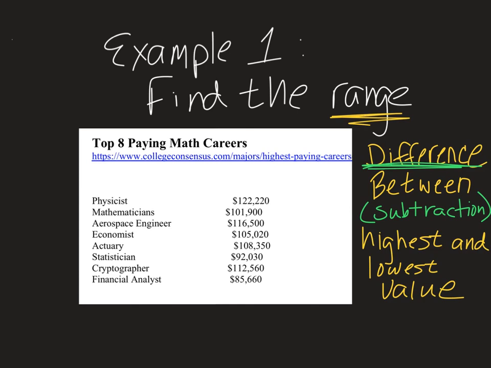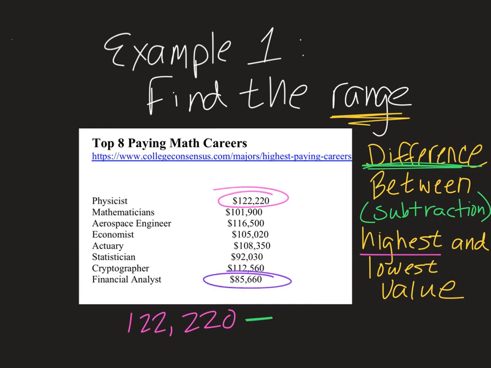So our highest in this case would be, what is it? 122,220. And then we're going to subtract the lowest value. And in this case, the lowest value is going to be 85,660.